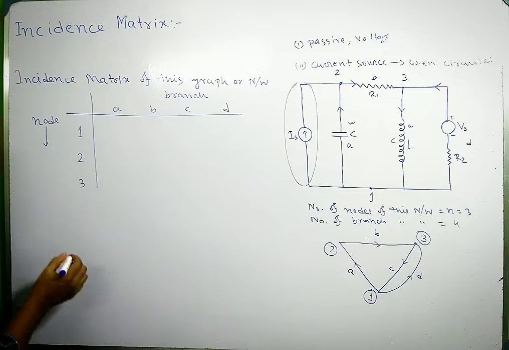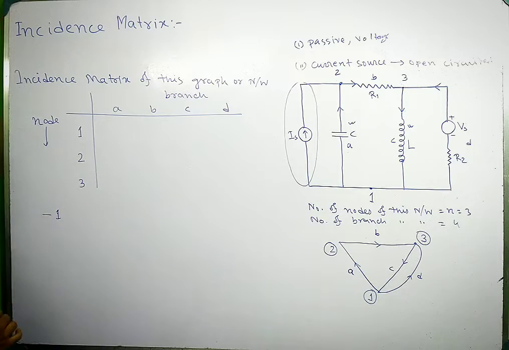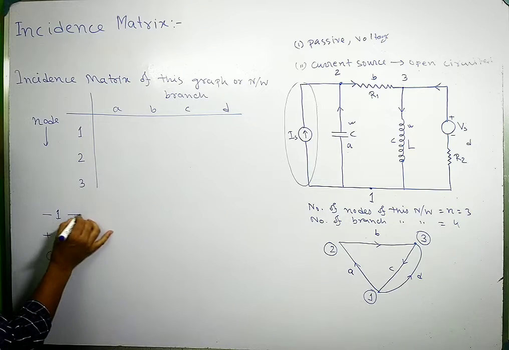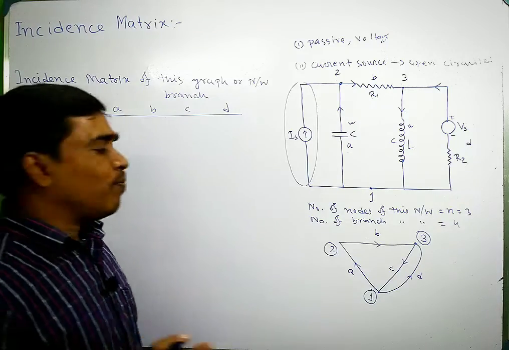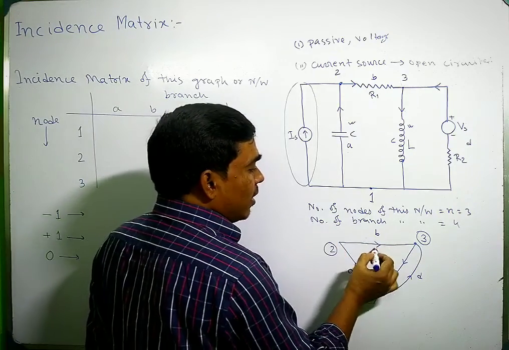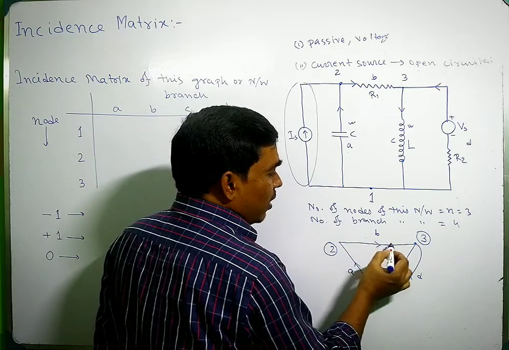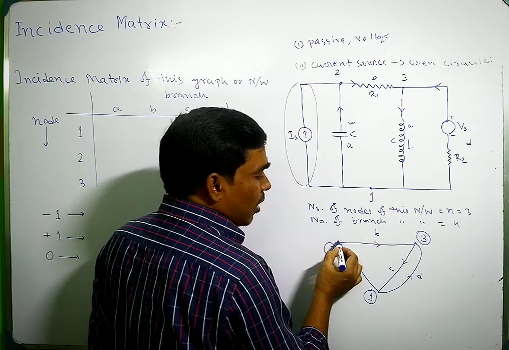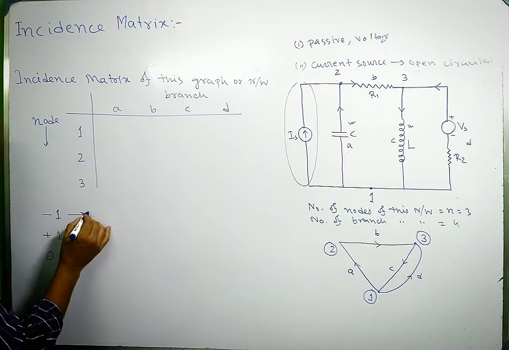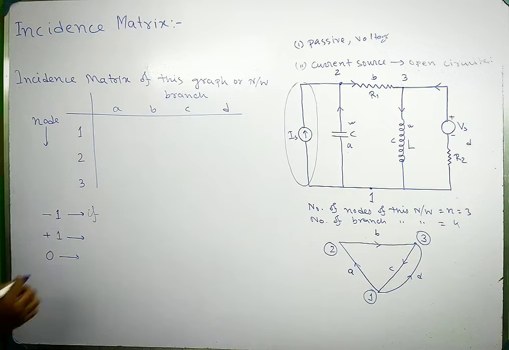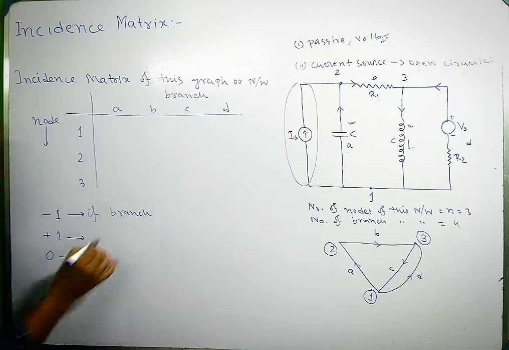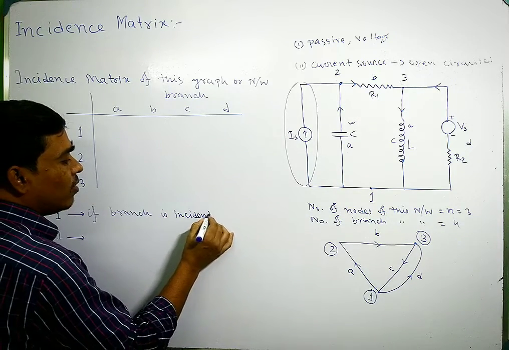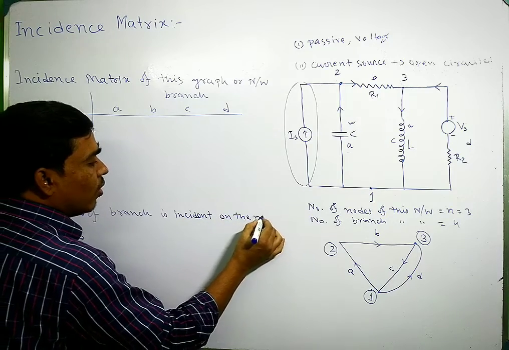Now there are 3 entries: +1, -1 and 0. If I take this branch, the current is incident on this node, and away from the other node.